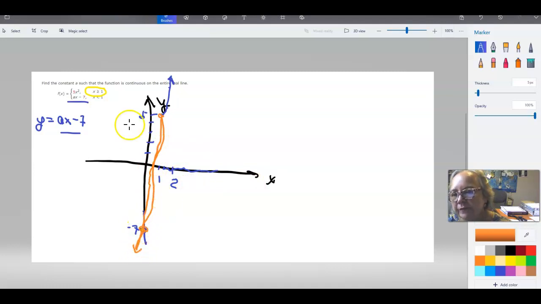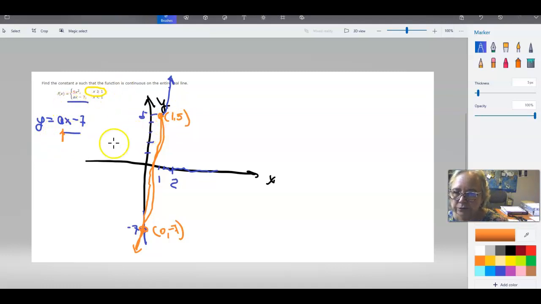To find the equation of a straight line which passes through 2 points, as you see, this point (0, -7) and (1, 5), you need to know the slope, which is a. So how can we find the slope?